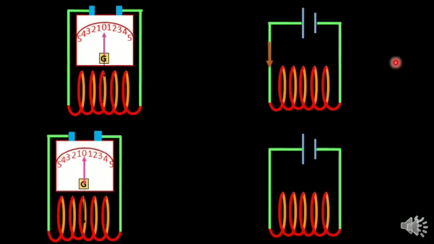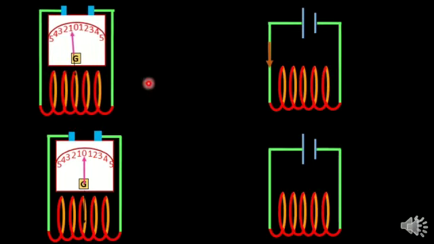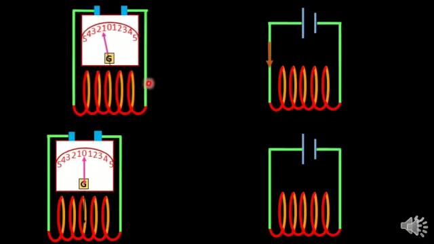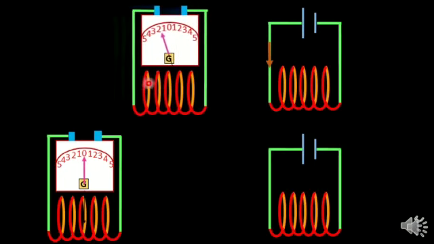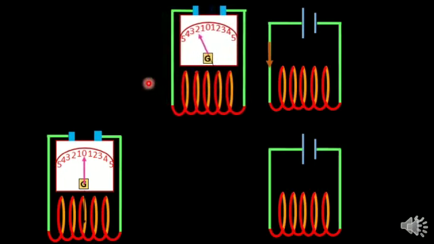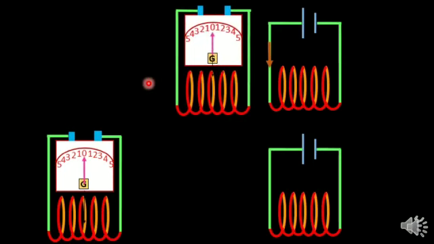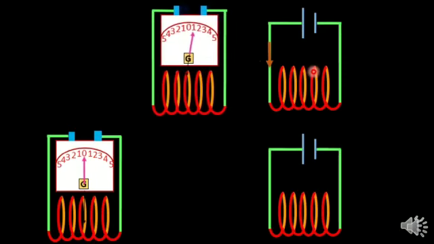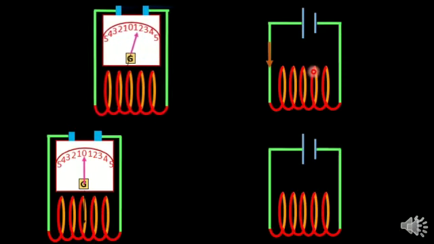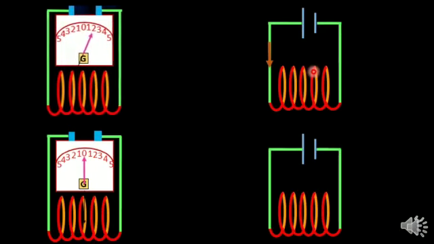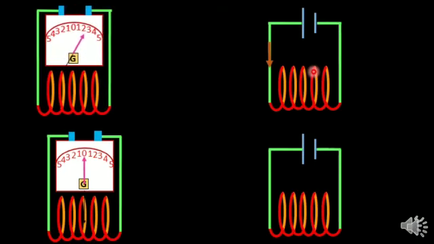When coil 2 is kept stationary and coil 1 is moved towards coil 2, a current is induced in coil 1 and a deflection is observed in the galvanometer to the left of 0. When coil 1 is moved away from coil 2, a deflection is observed in the galvanometer to the right of 0. So, current is induced in the coil in opposite directions.